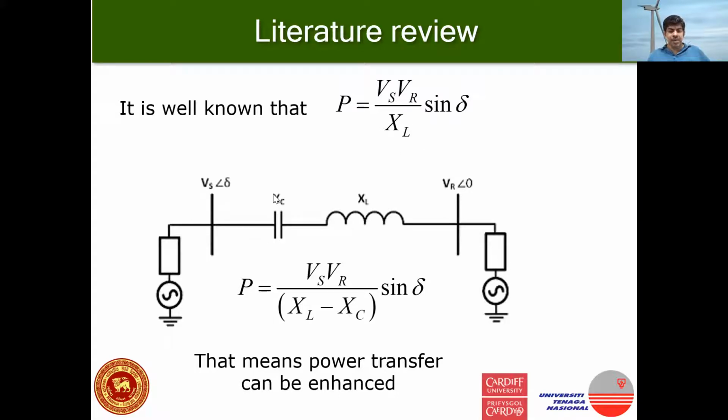But if you add series compensation, it will change the impedance of the line from the original XL to XL minus XC, so you can very clearly see that the denominator has reduced, which means P will increase. So that was the idea of series compensation. And as I told you, this is a well-known concept.